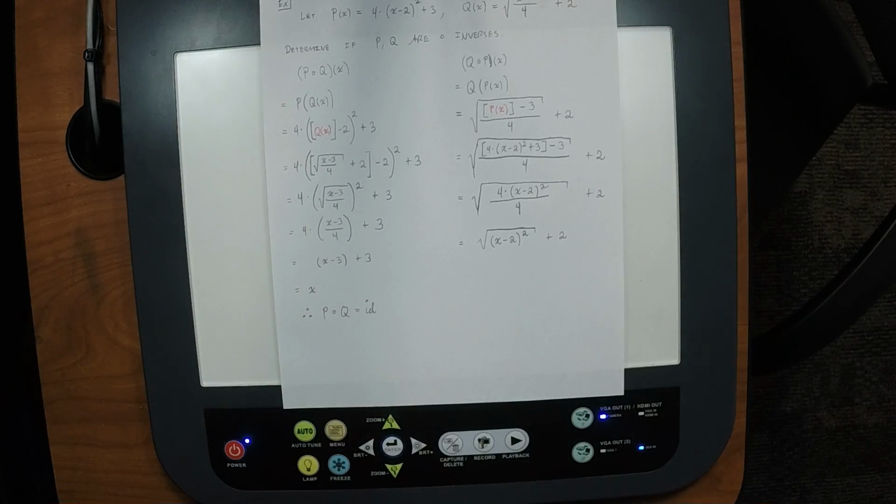So now what? The square root and the square? What are they? What happens? What do I do with them? How do they combine? Do they cancel?